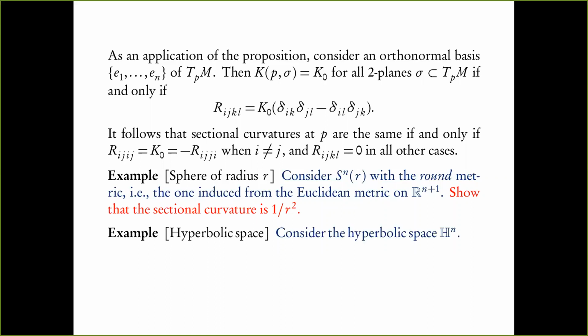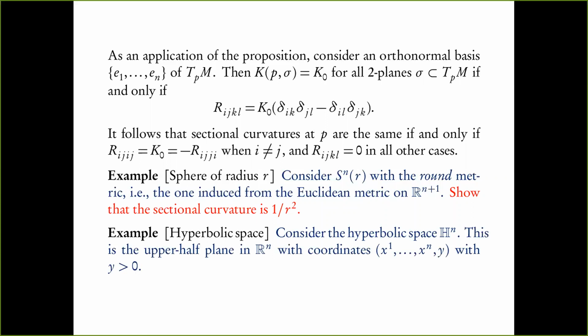Let me remind you, the hyperbolic space H^n is the upper half space in R^n, with coordinates x1, x2, up to x_(n-1) (there's a typo), comma y, where y is the last coordinate and has to be bigger than 0. The usual upper half plane in R^2 is H^1, the hyperbolic plane. The metric is given by y to the minus 2 delta ij. This is again the Kronecker delta.